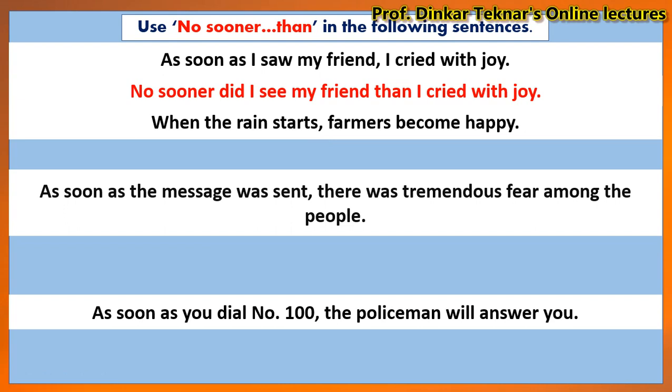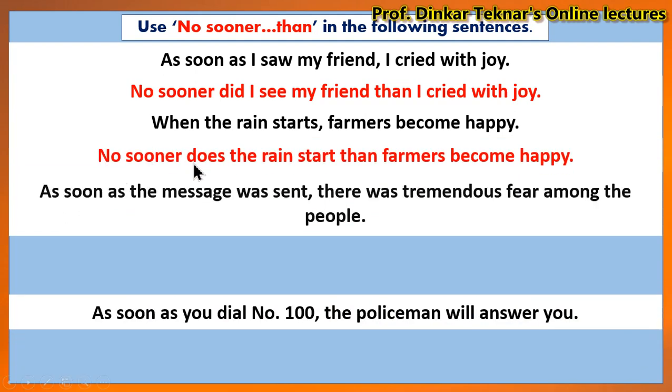So the answer is, no sooner does the rain start than farmers become happy. Here the main verb has s, so we use does, and as we use does, the main verb loses s, so starts becomes start.